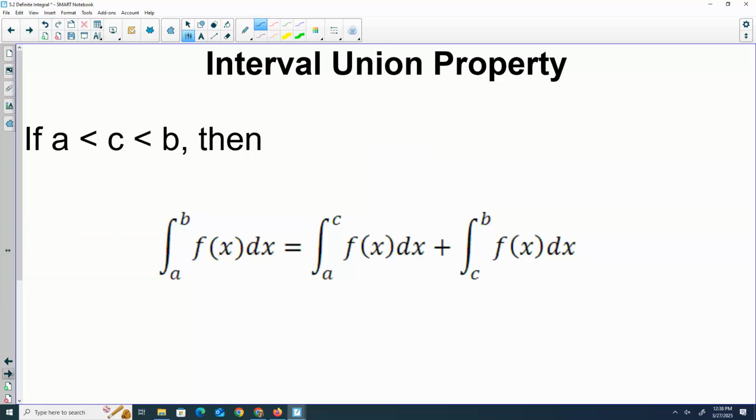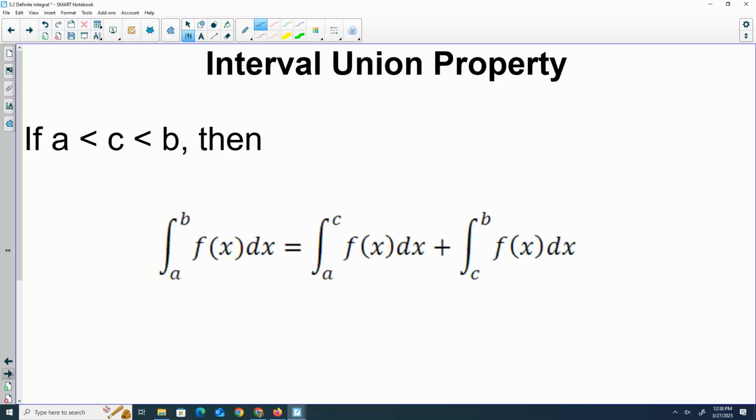The other thing that is sometimes helpful is you can break up your integral. If you have some number between a and b, you could break it into chunks and integrate starting at a to a point, and then from that point to b.